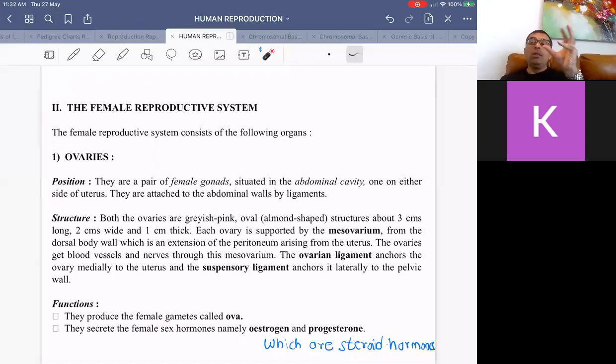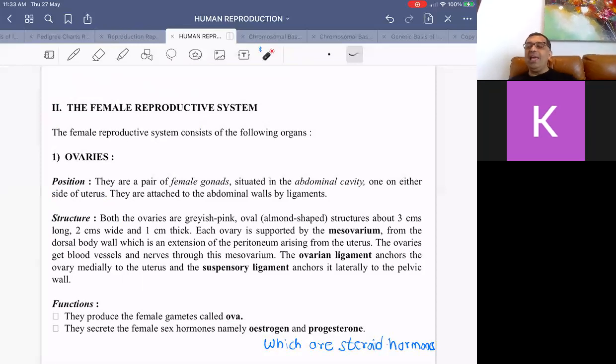Other hormones like insulin, glucagon, and growth hormone are chemically proteins, but sex hormones, testosterone, estrogen, and progesterone, are chemically lipids. They are made of fats, cholesterol, and are called steroid hormones. So estrogen, progesterone, and testosterone are lipid hormones called steroid hormones.